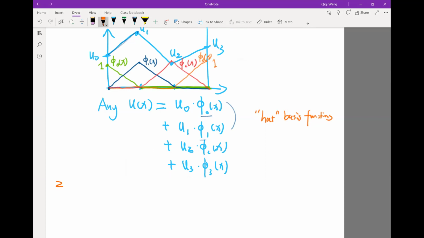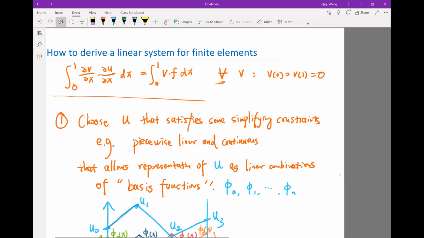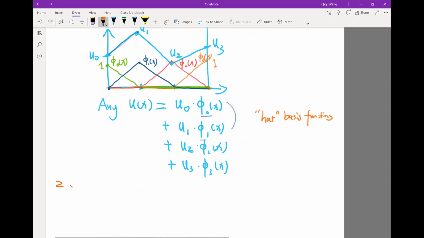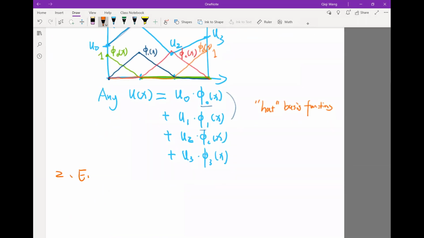And the second thing we do, by looking again at the weak form, is that we also want to restrict the test function v to similar constraints. We also enforce the weak form for a subset.